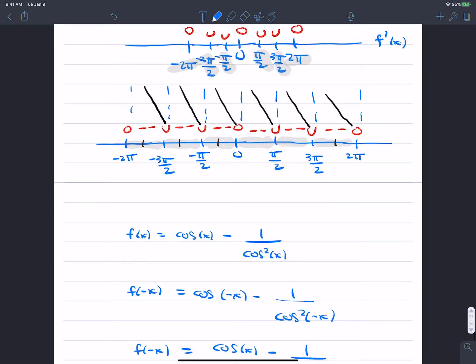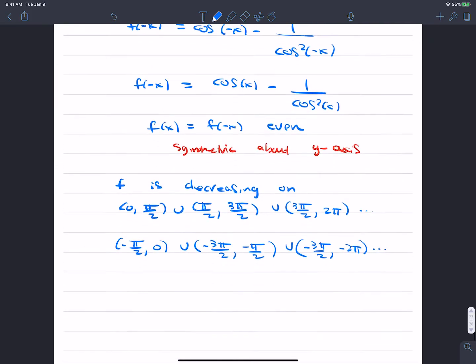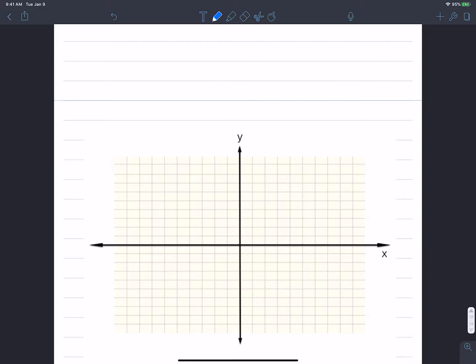Let me do something as well. 0 to pi over 2. So what's pi over 2 approximately? Do you guys know? That's going to be 3 divided by 2, a little bit more than 1. So I'm going to have to fudge here. Pi over 2, is that right? And then we have a what?